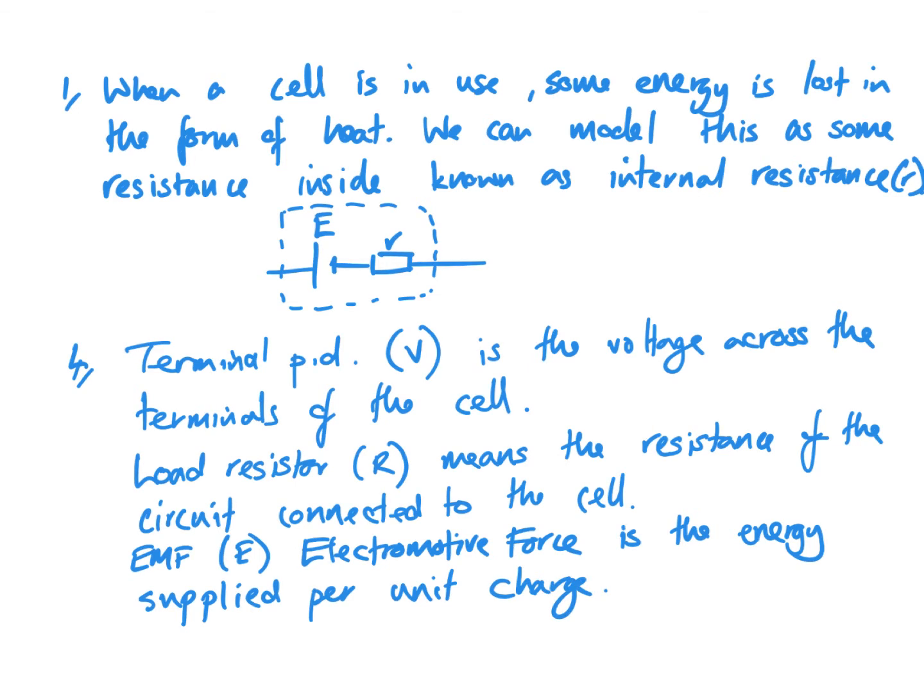Now that's the total energy supplied. It includes the energy that reaches the circuit and the energy that's lost as heat because of the internal resistance.